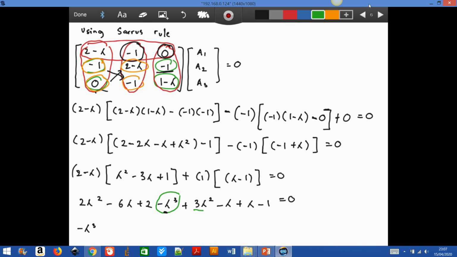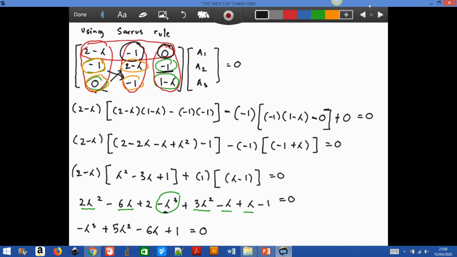It will be lambda squared, so it will be plus 3 plus 2 is 5 lambda squared. And then the third biggest is only lambda, so it becomes minus 6 lambda plus 1 equals 0.